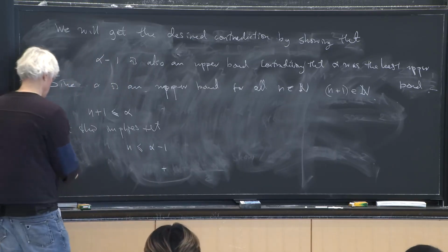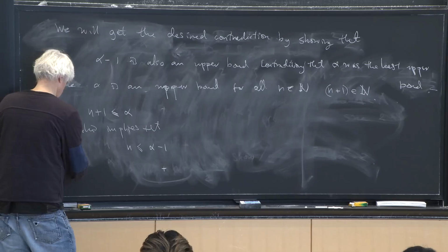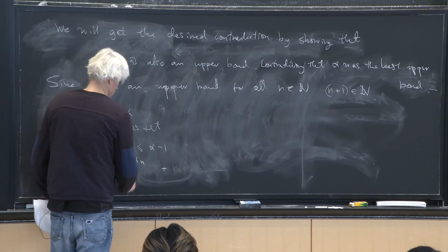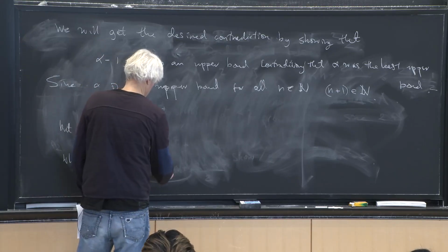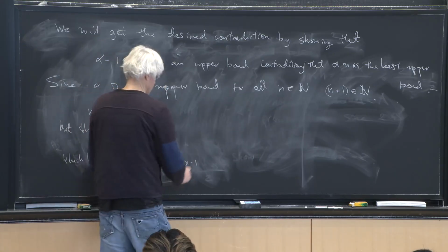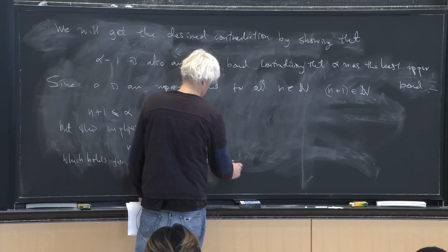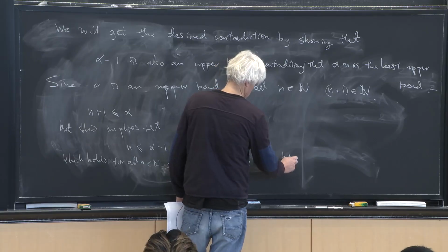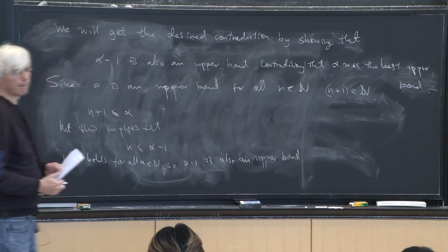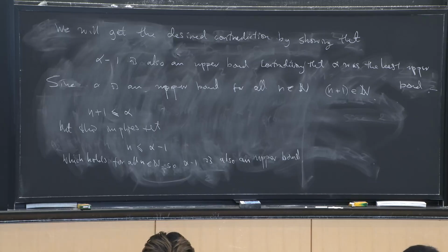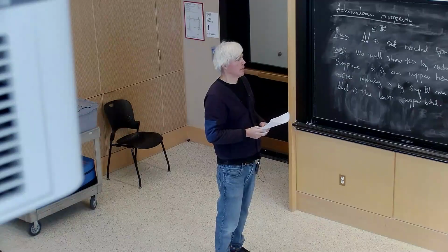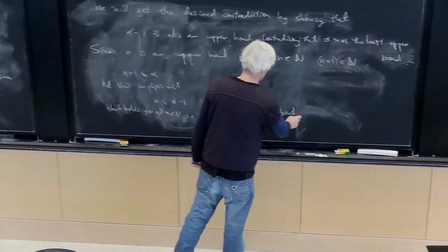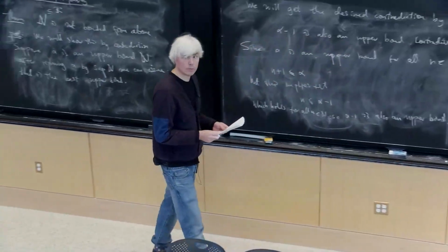And this holds for all natural numbers, so alpha minus 1 is also an upper bound. And this gives you the desired contradiction. Okay, so that's how you would write that.